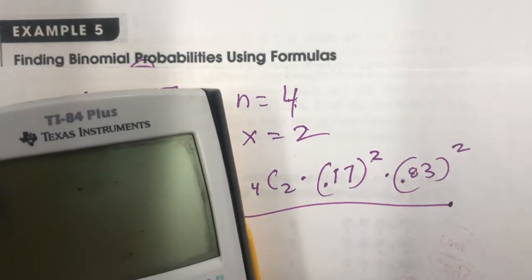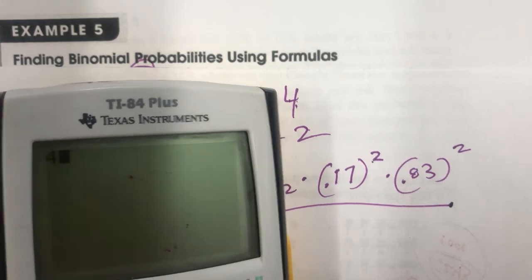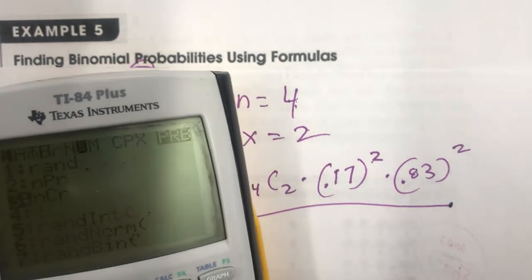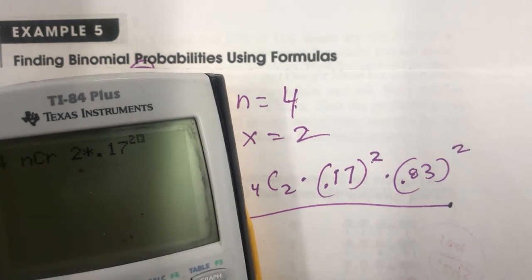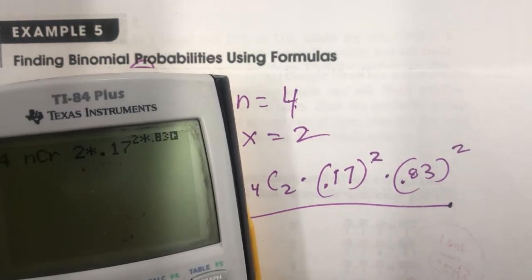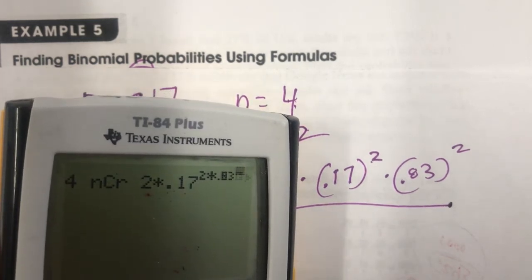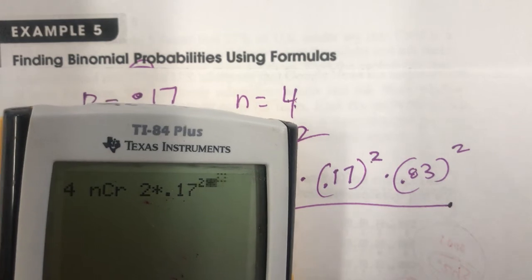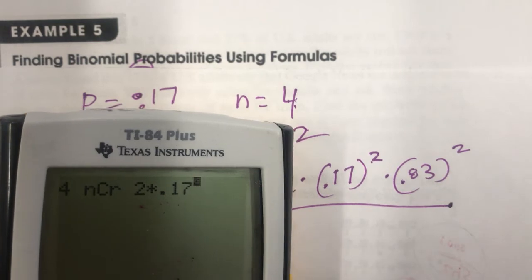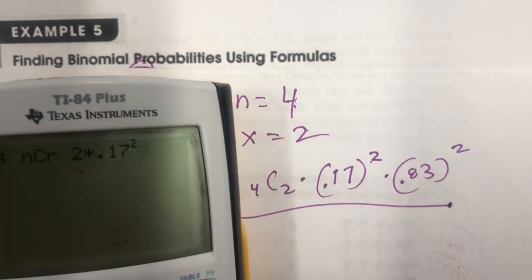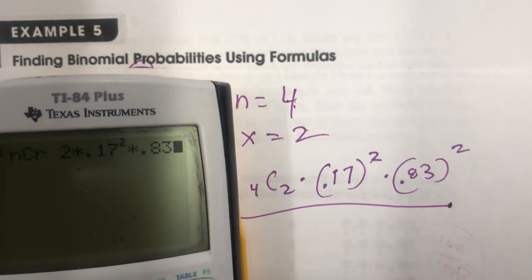All right, so if I do that now, 4 nCr 2 times 0.17 to the second power, and then times 0.83 to the second power.